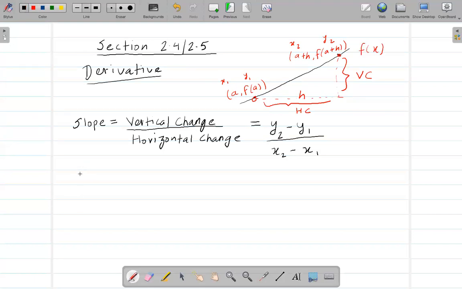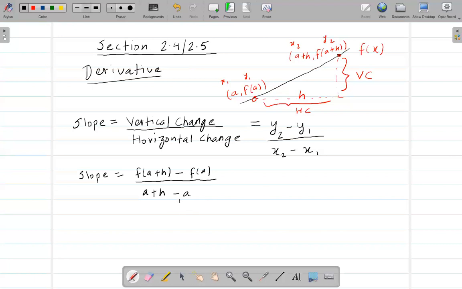So from here, using this slope formula, we get slope is equal to y2, which we said is f of a plus h, minus y1, which is f of a, over x2, which is a plus h, minus x1, which is a.